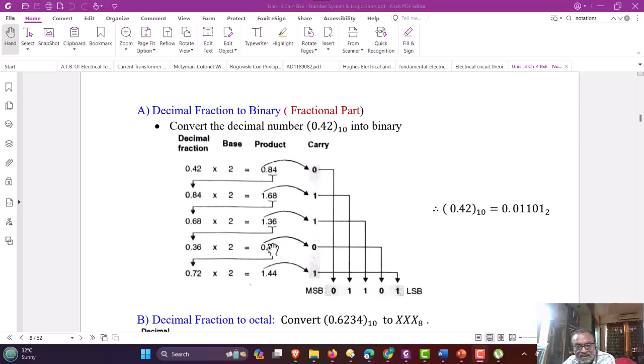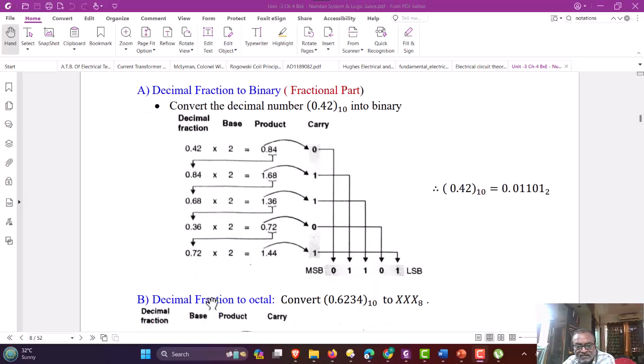Similarly, this process goes on continuously. Once the process stops, we note the carries. The last carry will be considered the LSB and the first carry generated will be the MSB.